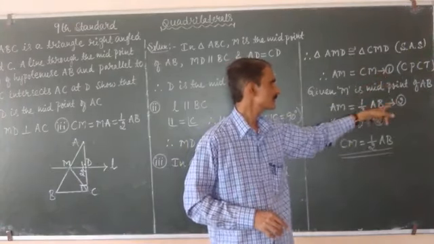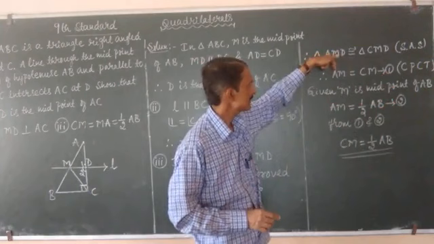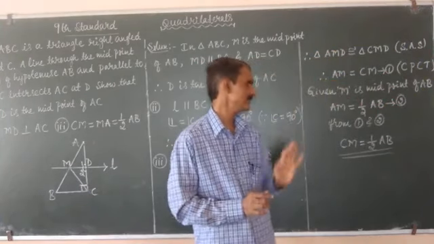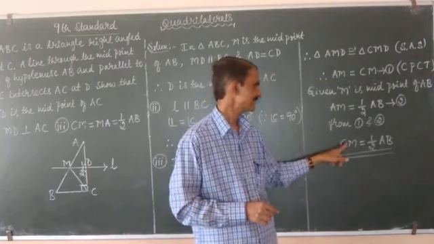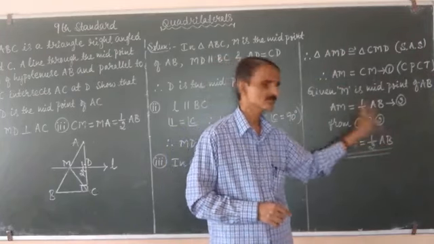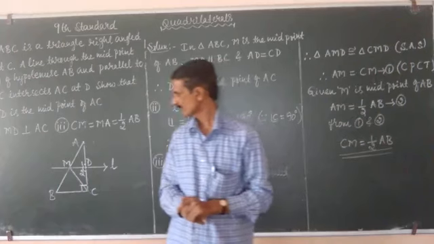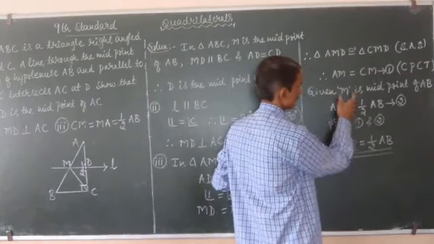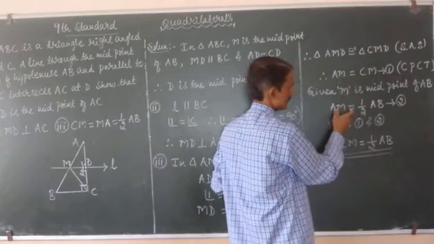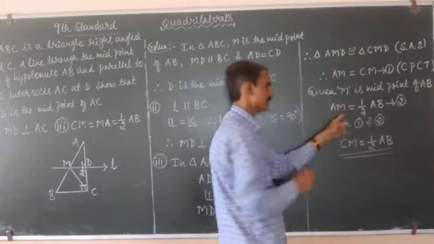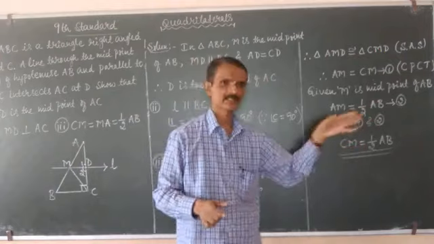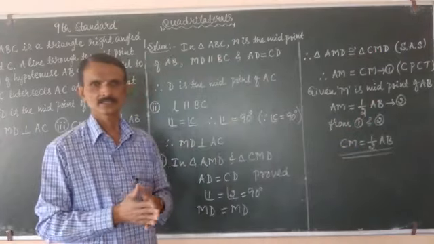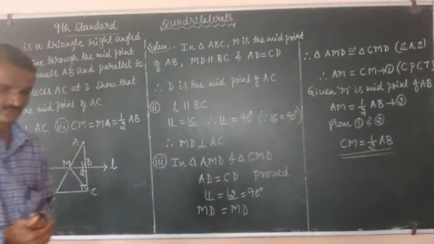If you observe from 1 and 2, AM is equal to CM and the same AM is equal to half of AB. So CM is also equal to half of AB. This is the proof of this problem.